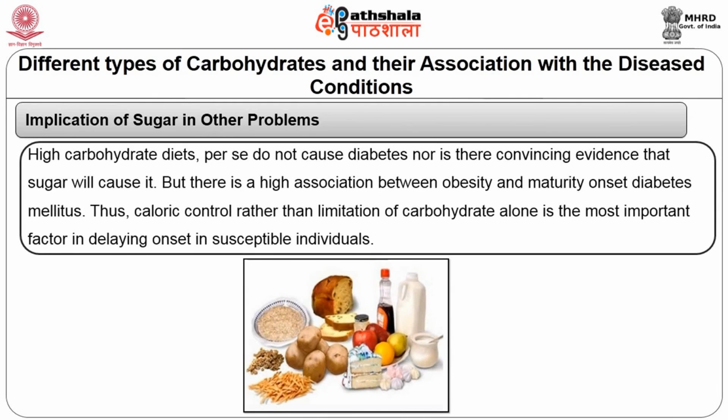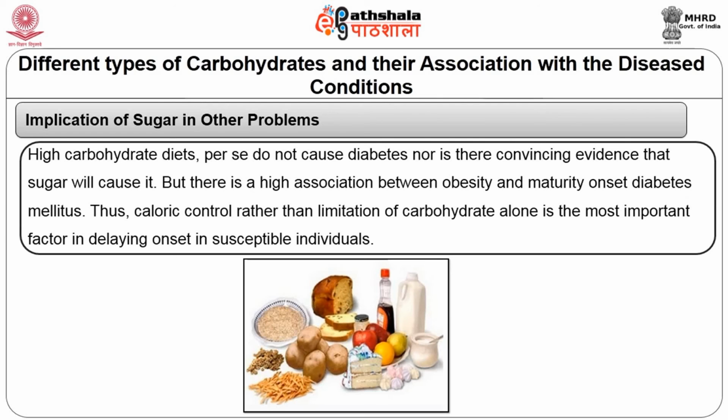High carbohydrate diets are not perceived to cause diabetes, nor is there convincing evidence that sugar will cause it. But there is a high association between obesity and maturity onset diabetes mellitus.